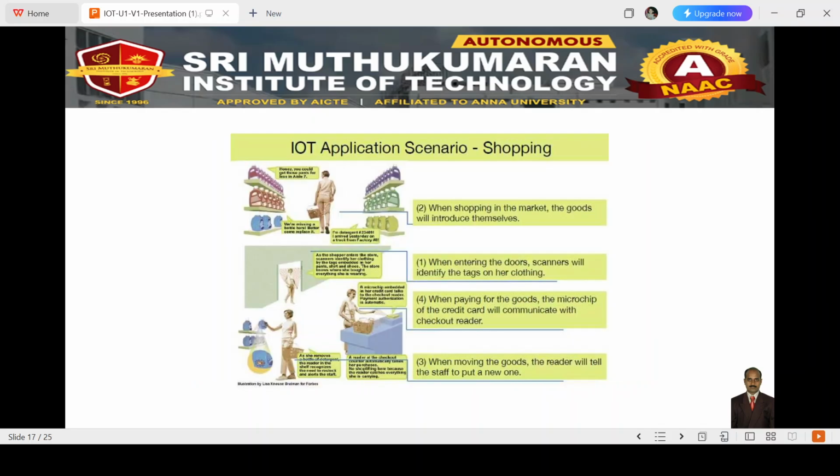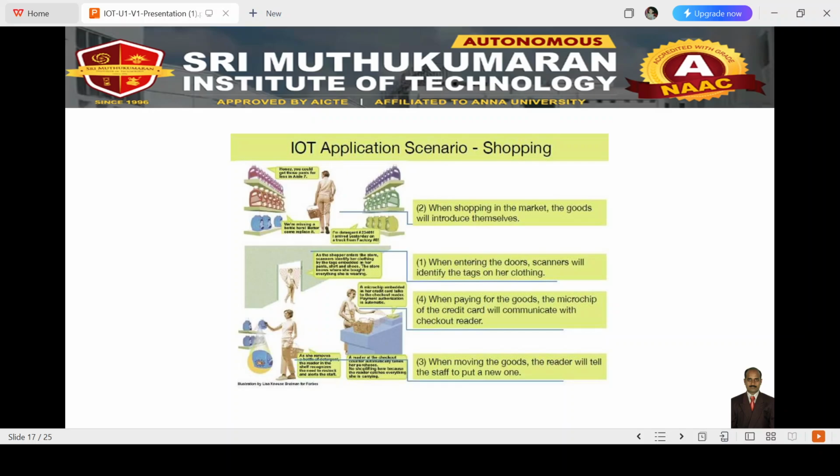And in shopping also, this IoT has been widely used. So when you go into the doors, scanners are there to identify the tags as well as some clothing, and even the tags are read by RFID, and automatically bills are generated. You need not take each and every item and scan it.